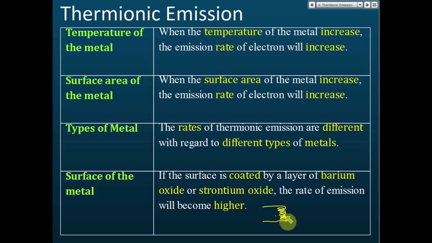Therefore, in front of the filament, we will put a piece of metal. This metal can release electrons very fast, but if you connect electricity to this metal, its temperature will not increase very high. But the filament, when you connect to electricity, can reach a very high temperature.